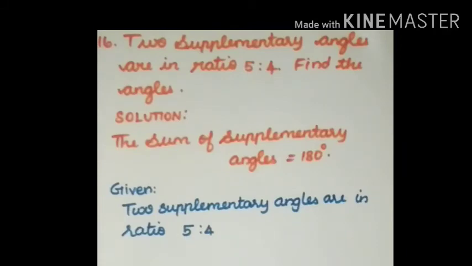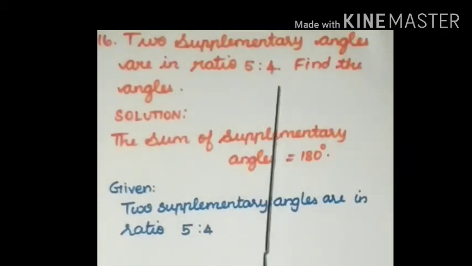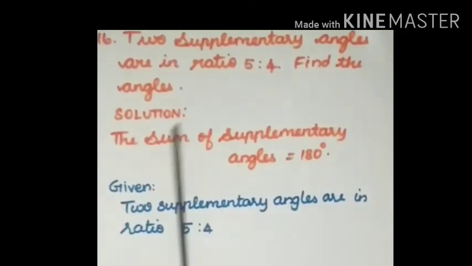16th question. Two supplementary angles are in the ratio 5 is to 4. Find the angles. Solution. The sum of supplementary angles is equal to what? 180 degree. Students, note it carefully. If the quantities are in a ratio, then they have a common factor.